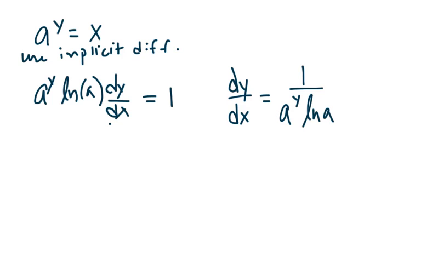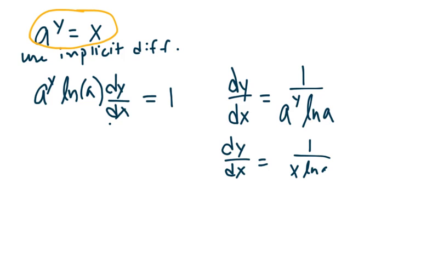However, a to the y is equal to x from up here. So we have that dy dx is equal to 1 over x times the natural log of a.